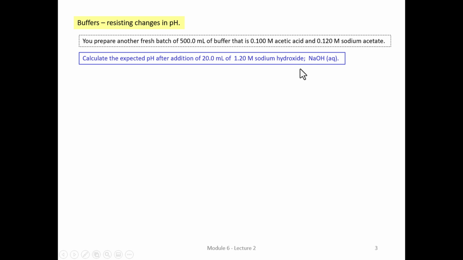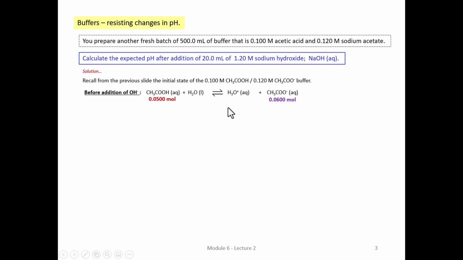Again, we're not interested here in the sodium ion, just the added hydroxides. So you can see we're adding just as much strong base this time as acid we added the other time. So the pH is going to go up. We're going to see how much it's going to go up and how well the buffer resists that pH going up.